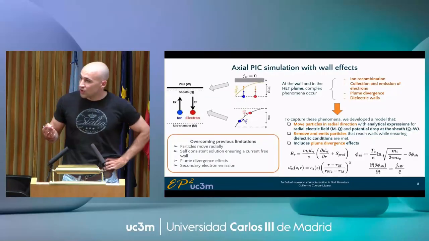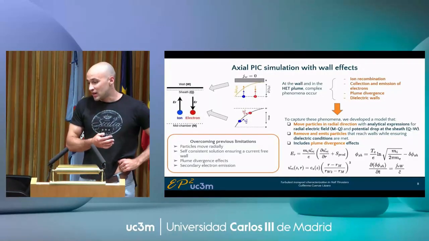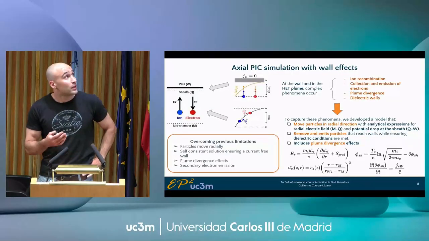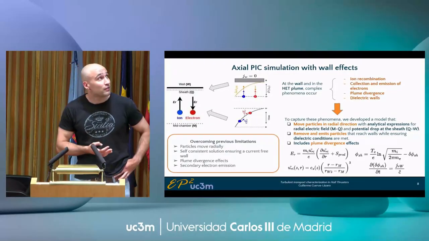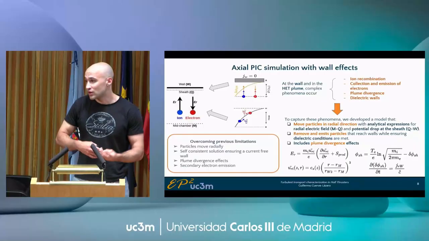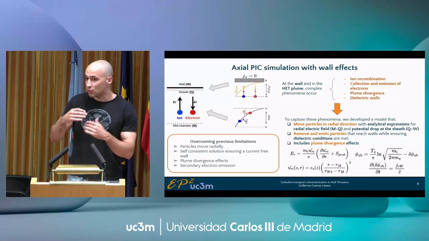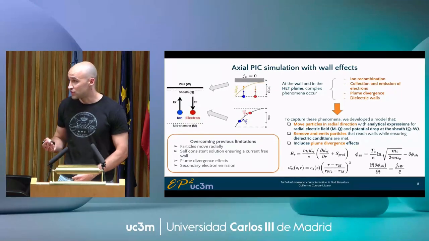So how do we introduce wall effects in an axial simulation, or in both axial and azimuthal? At the wall and in the plume of the Hall thruster, you have ion recombination, you have collection and emission of electrons, you have plume divergence, and you have dielectric walls, so the current at the walls is zero.